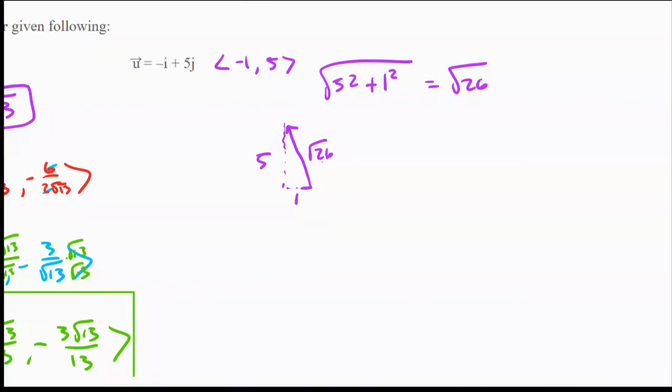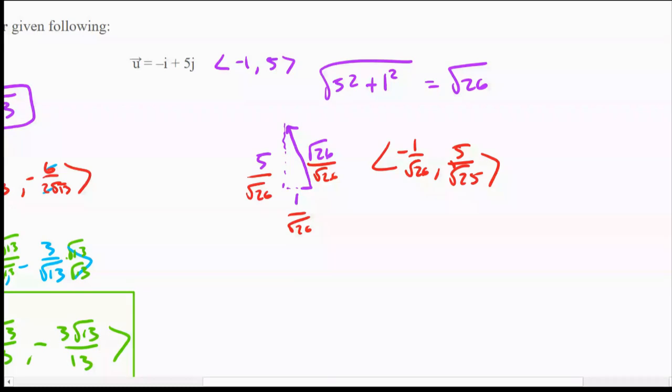Then to get the unit vector, I just divide all of the components by the square root of 26. Oops, that's wrong. It should be negative 1 over the square root of 26, and then 5 over the square root of 26. And then I multiply both the top and the bottom by the square root of 26 to get rid of the square root in the denominator.